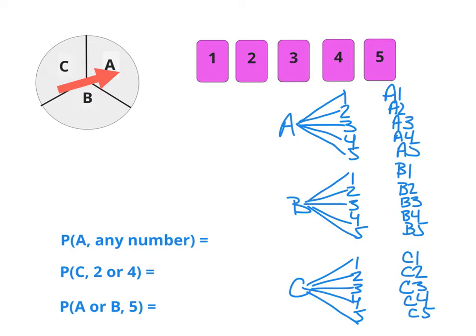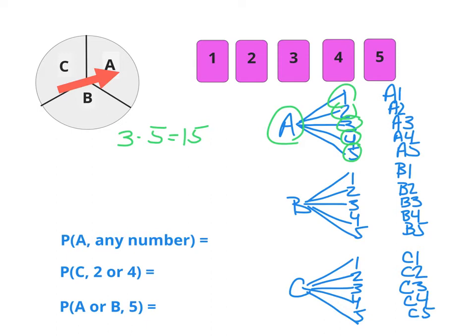So that means I want to know what the probability of A and spinning 1, 2, 3, 4, and 5 might be. Well, if I use my fundamental counting principle, there are 3 possible outcomes on the spinner and 5 possible outcomes on the cards, so that would be 15 total outcomes.